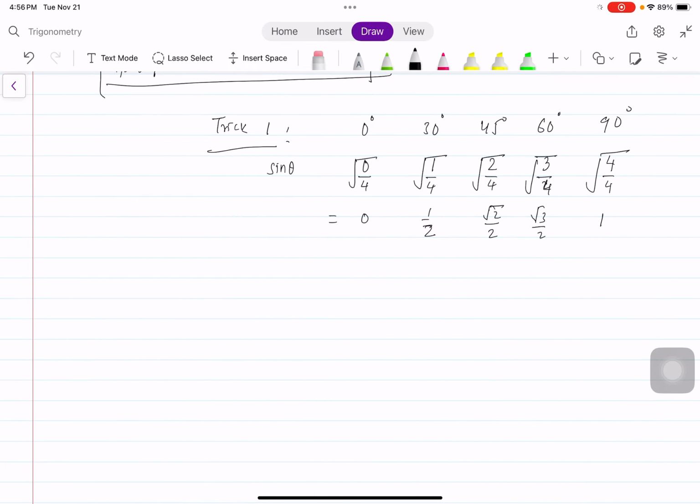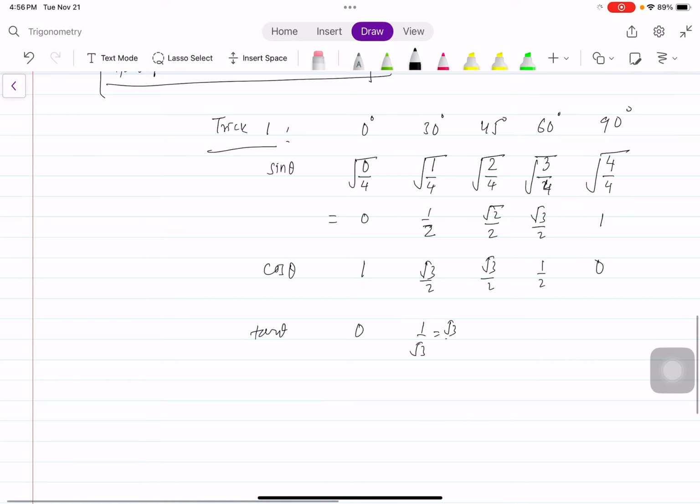Now what are the cosine values? Cosine values are just the reverse order. And what is tangent? Tangent is just sine divided by cosine. Dividing 0 by 1, it's 0. Dividing this by this, the 2 will go away and you will be left with this.